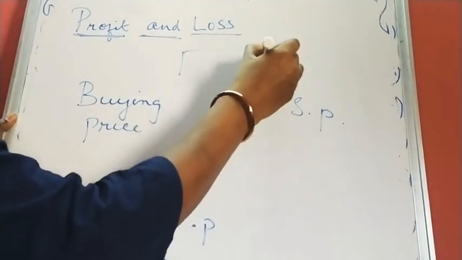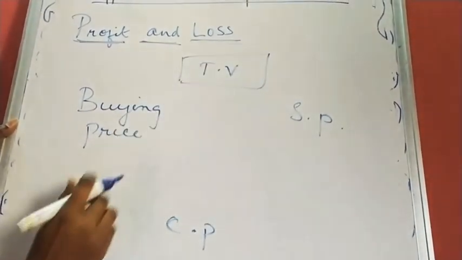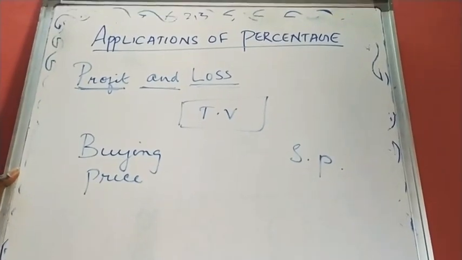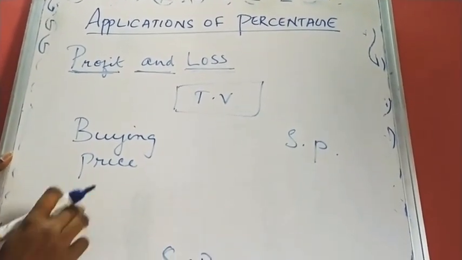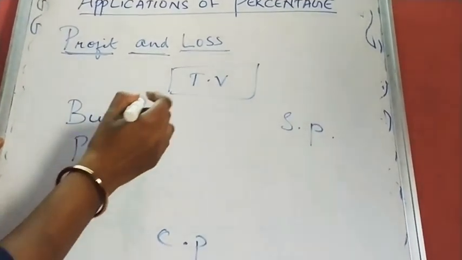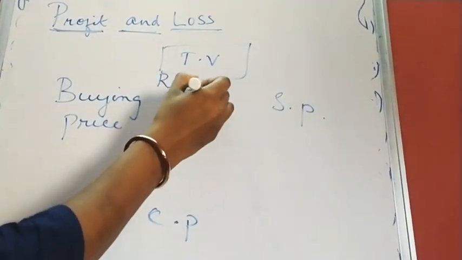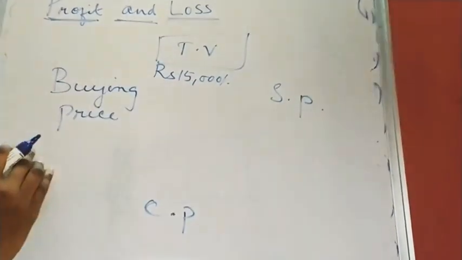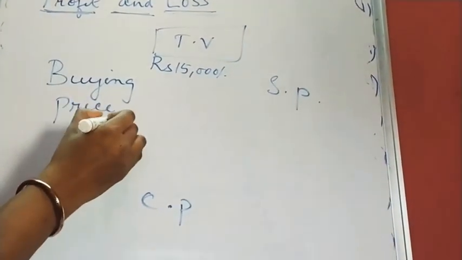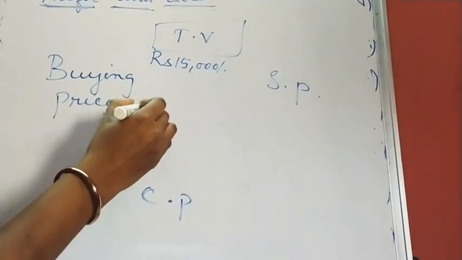Suppose a person wants to sell an article, for example a TV, and he is buying the TV for a certain amount of rupees. Let us take rupees 15,000. So the buying price would be rupees 15,000.